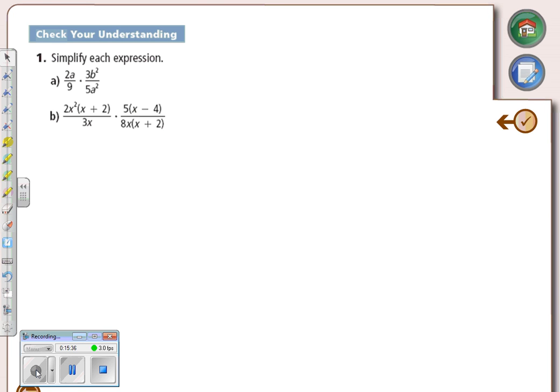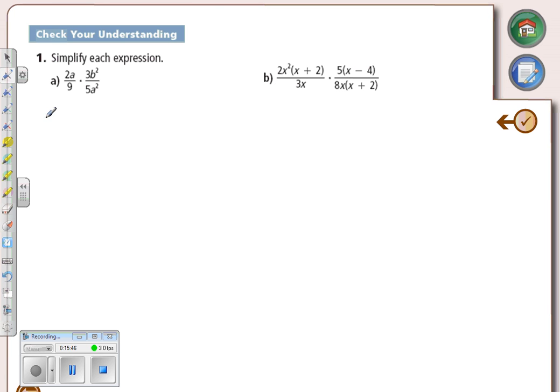Okay. Let's simplify each expression. So let's take the first one. Put that over there for now. Well, can I reduce within the fractions? No, neither of them. It's multiplying. Can I reduce between the fractions? Well, yeah.